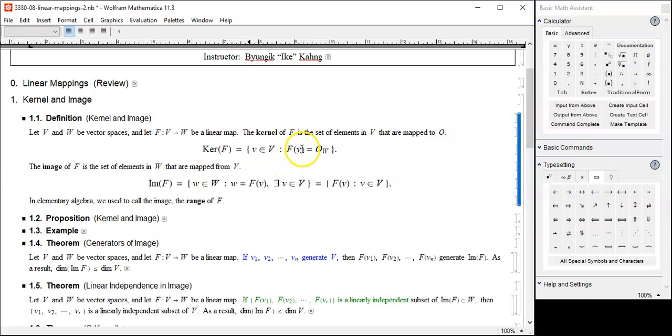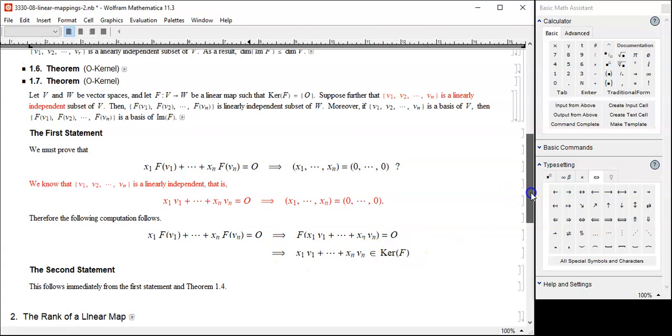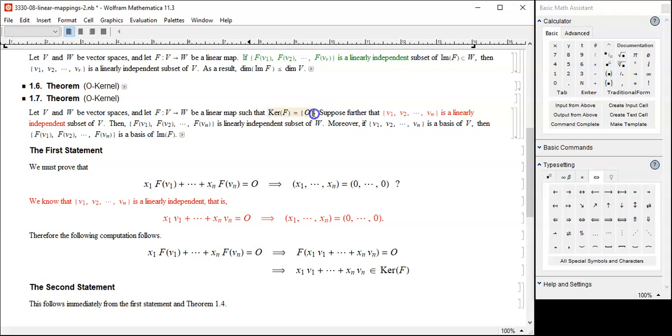Kernel is the set of all vectors where f of something is equal to 0. F of this linear combination is equal to 0, so this linear combination belongs to the kernel. But then again, wait a minute, kernel has only one element. Kernel is just 0.